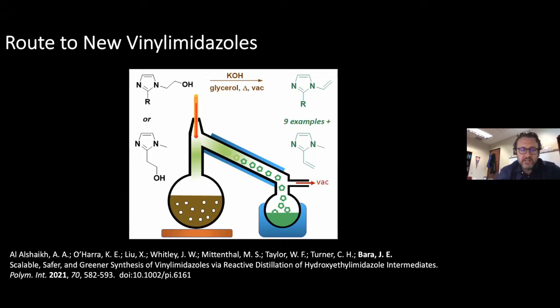So what Ali and Katie found in a paper last year was that we can make these hydroxyethyl imidazoles at the N1 position or at the C2 position. And if we heat them in the presence of strong base at high temperature in glycerol and simultaneously apply vacuum, we can do a reactive distillation, and we can actually create new vinyl imidazoles, the 1-vinyl or even 2-vinyl imidazoles.